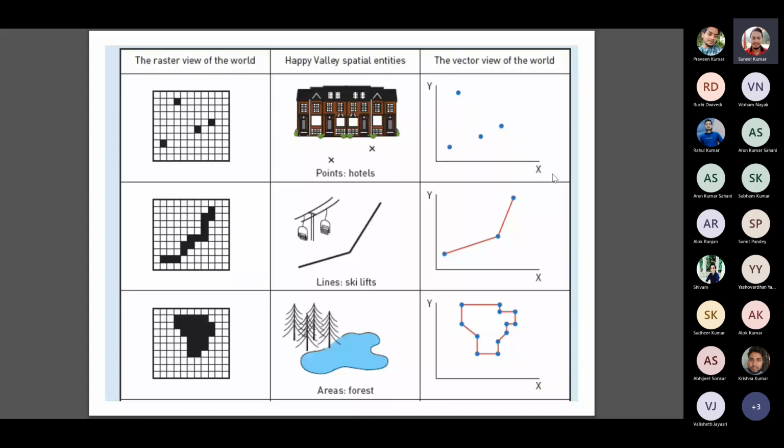Both have different ways of representation, and this example is giving you the discrete entities like hotel, ski lift, forest. So these all are the discrete things. But when we talk about any feature like temperature or elevation, in that case, the raster view will have a certain cell value at every place.